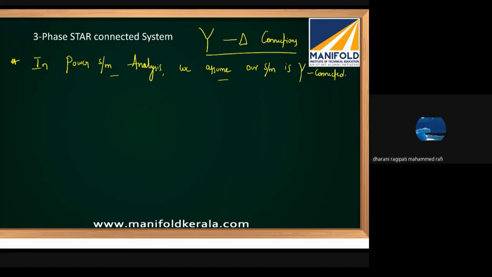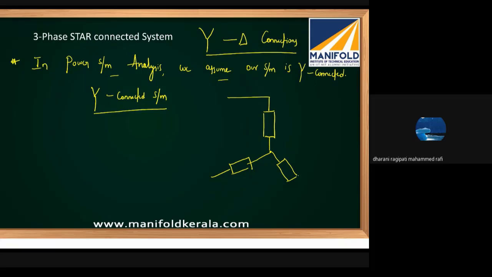What are the line to line voltage formulae and how we will do the analysis? We will discuss. For example, in a star connected system, suppose you take the loads connected in this fashion.